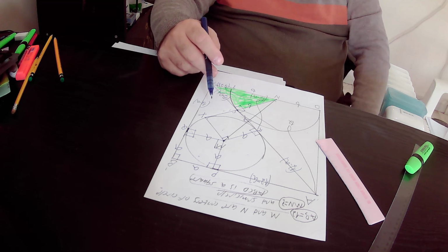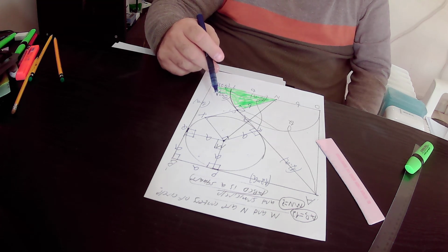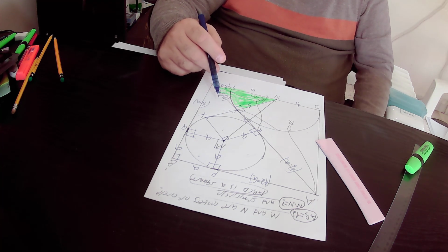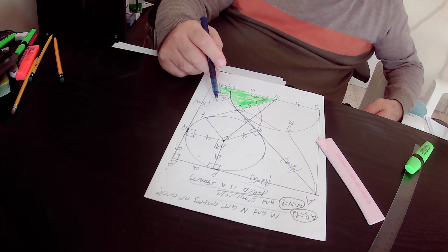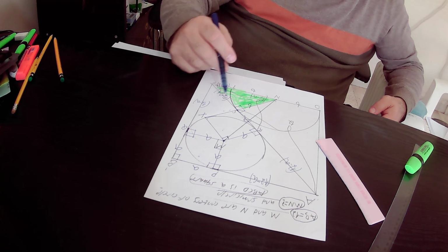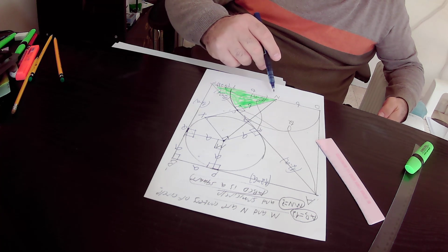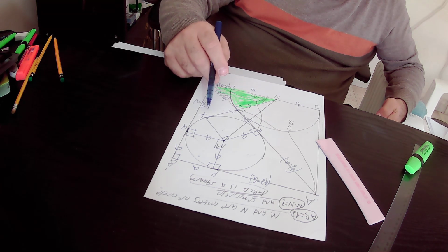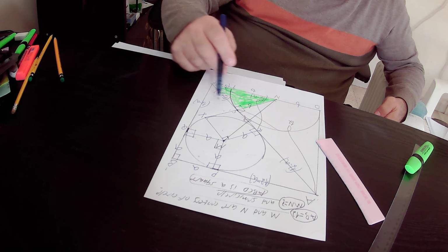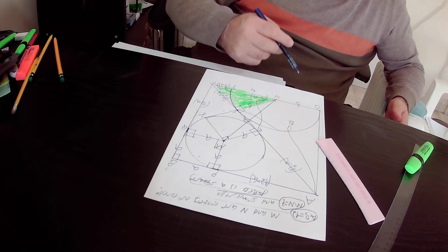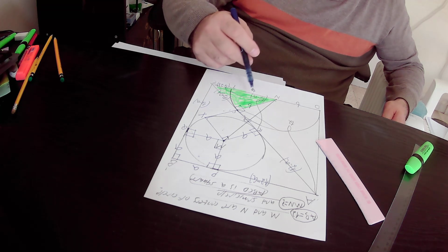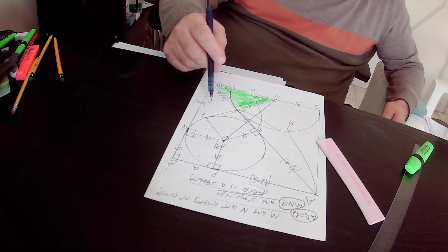So when you extend a straight line by a straight line, the result will still be a straight line.